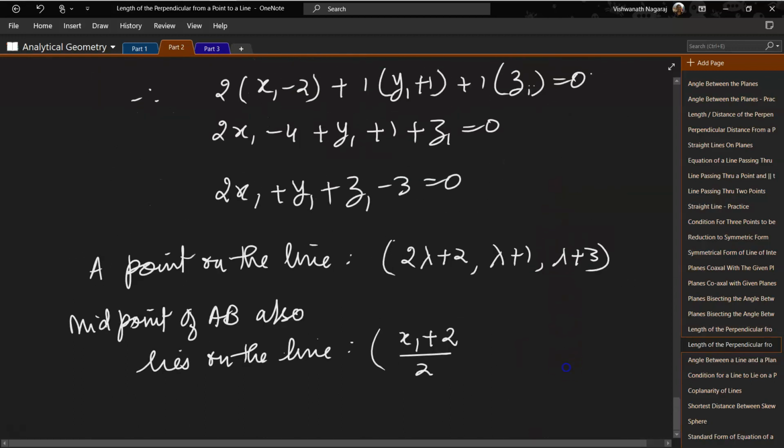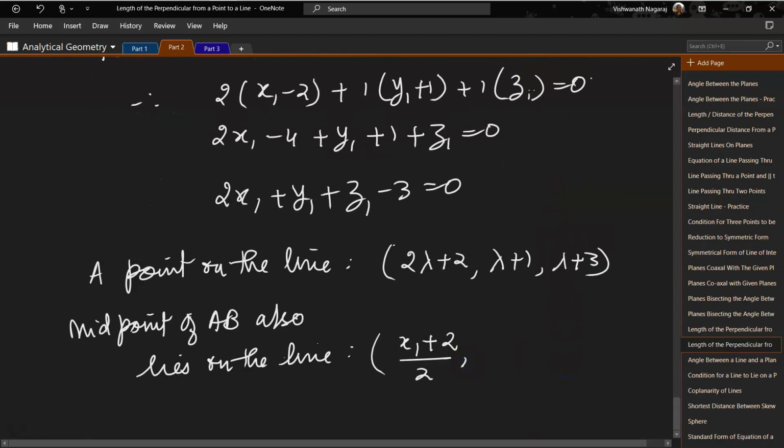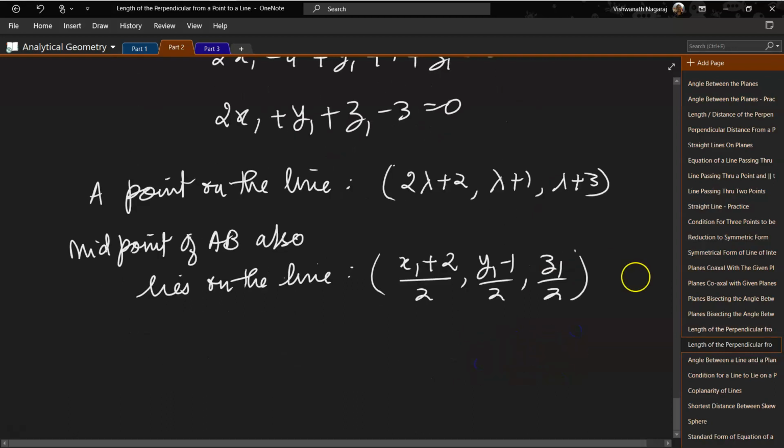So let's write this down. Basically an arbitrary point on the line has these coordinates, but the midpoint of AB, which also lies on the line, has this. Which means they have to be equal.